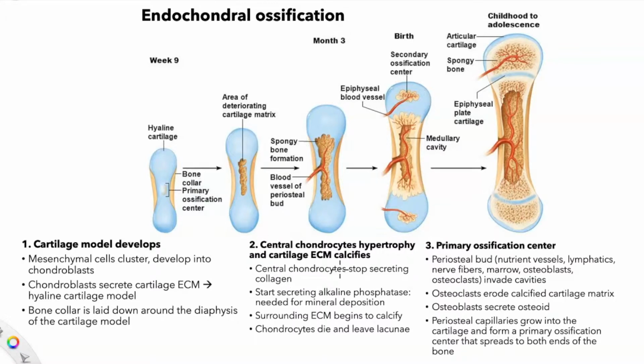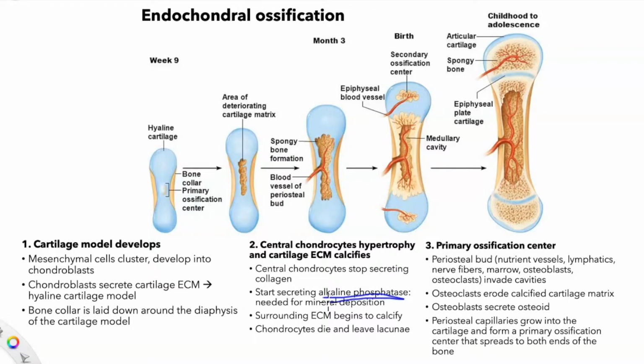Then in the second step, we see central chondrocytes hypertrophy and cartilage extracellular matrix calcifies. This isn't shown in the diagram per se, but the hyaline cartilage is composed of chondrocytes and they stop secreting collagen. Instead, they start secreting this substance called alkaline phosphatase.